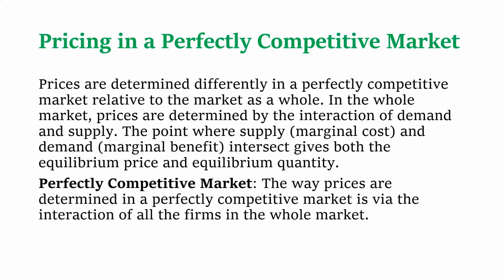So all the firms in the industry interact, and through their interaction, we have a price, and that price is the one that the perfectly competitive firm uses to sell its product. So it sells its product at that predetermined price, the price that has been made by the industry.